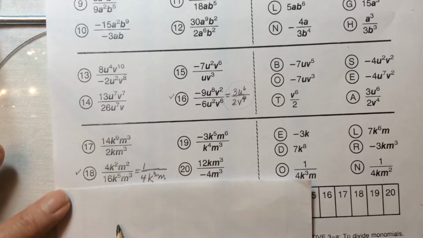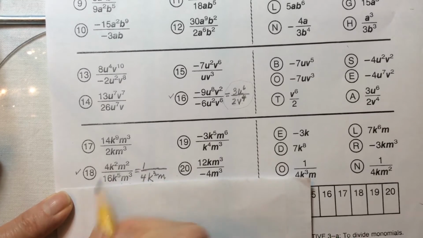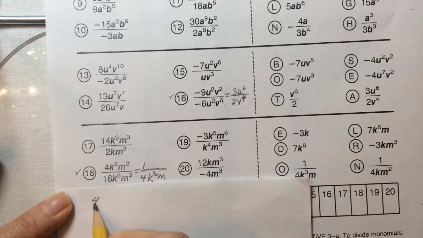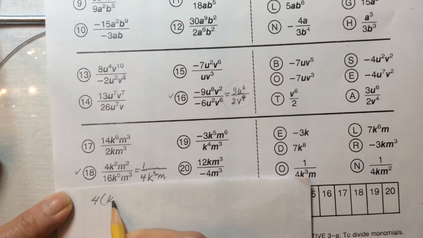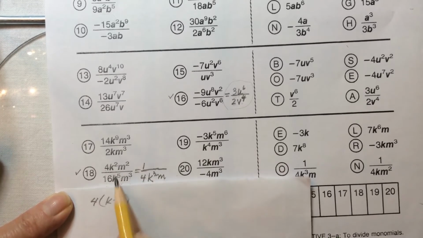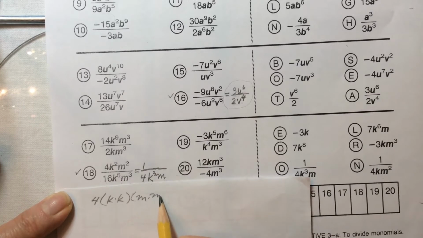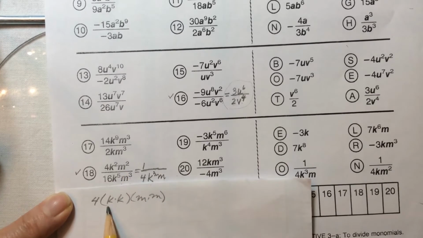Let's see if we get the same thing when we factor. So up top, we've got 4 times k, k to the second power, and m times m, which is m to the second power.